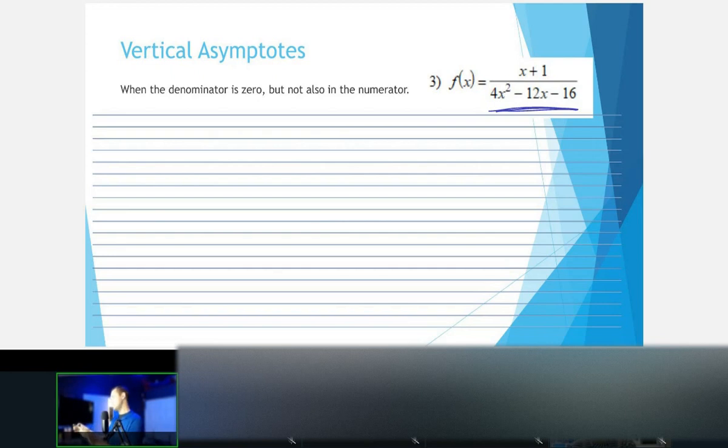That is the first thing we always check. And if you can take a GCF out, you have to. So we pull that 4 out in front. So we get 4 times x squared minus 3x and then minus 4.